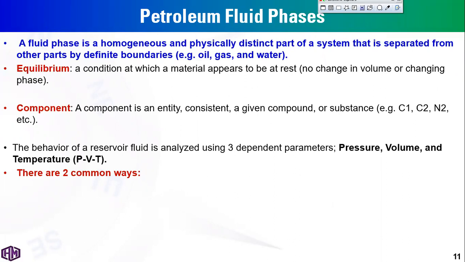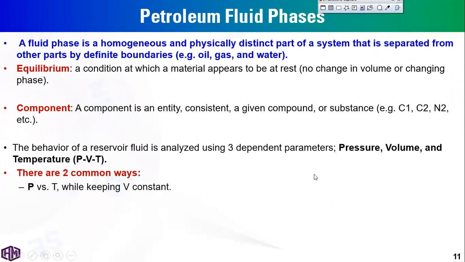Equilibrium is a condition in which the components of the system are at rest, with no change in phase. Components are, let's say, C1, C2, carbon dioxide, hydrogen sulfide, and so on. Each one of them is a component of the system, which is a constituent part of the system.